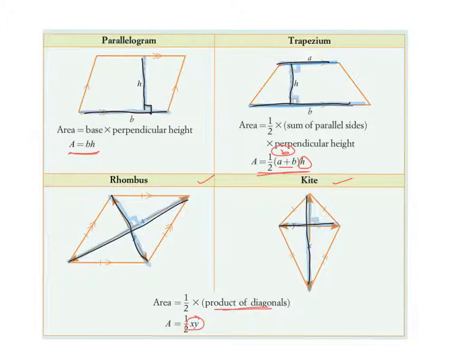Also, something to be aware of, sometimes you can actually be given a rhombus. Okay, so I'm just going to draw a very bad rhombus here. Let's pretend that all the sides are equal. But you actually may be given a rhombus, but they give you the height and the base instead of the diagonals, okay?